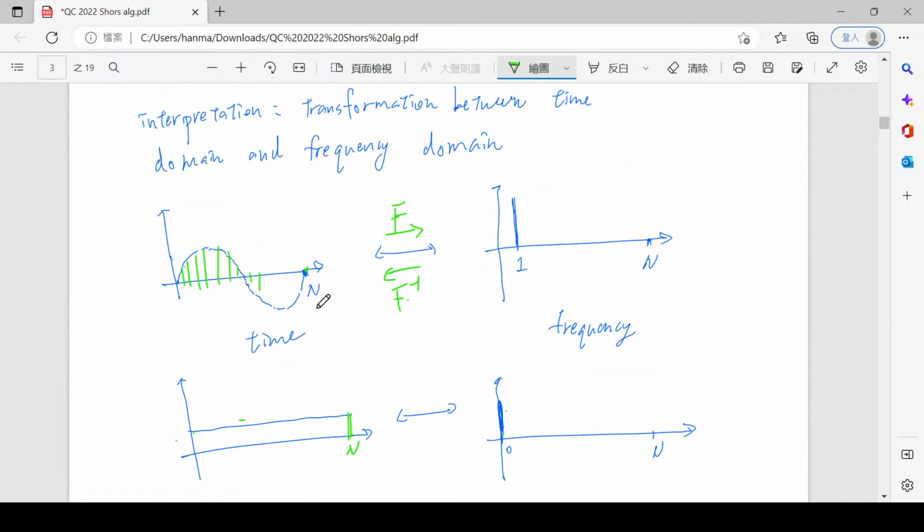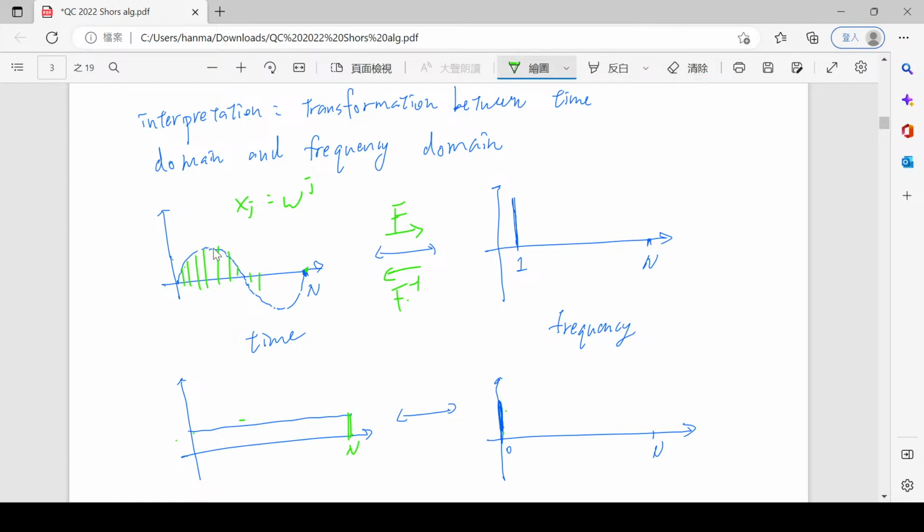And then if you have this frequency 1 function, which is the lowest frequency you can get for this period N, and you do the Fourier transform, it should tell you that you have frequency 1. In terms of complex numbers, it is e to the 2 pi i j, so x_j equals omega to the j.